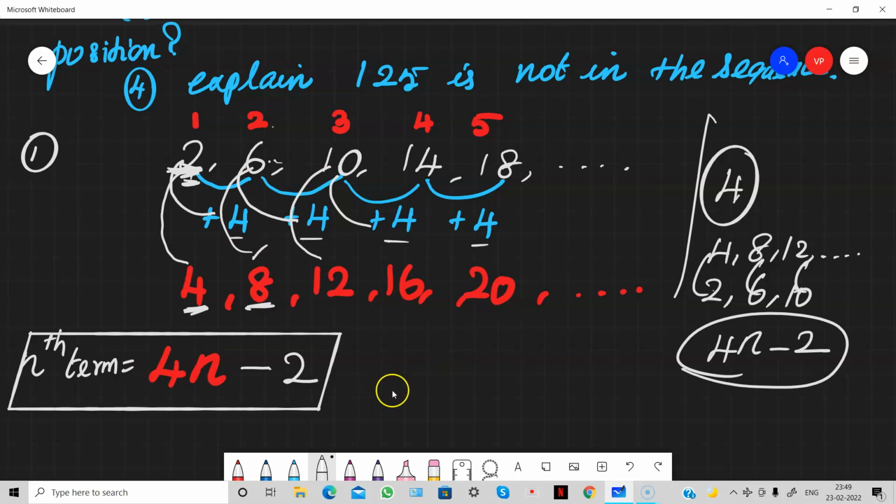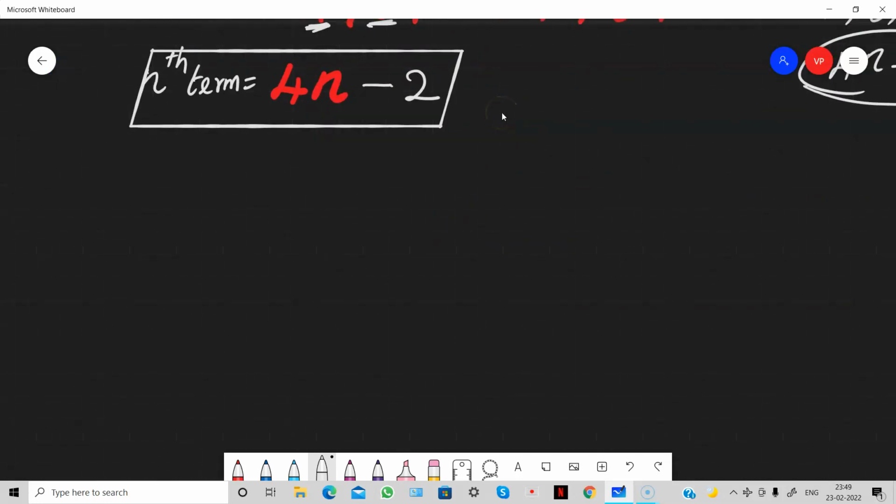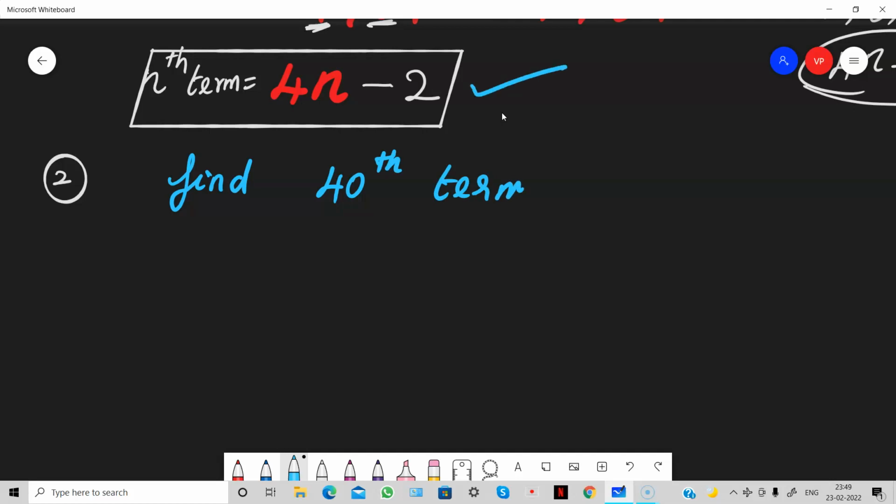So what is our next question? Find the 40th term. After finding the nth term, you use it as a formula, and you can find the 40th term. I want the 40th term, so we use 4 times n minus 2, which is the nth term.